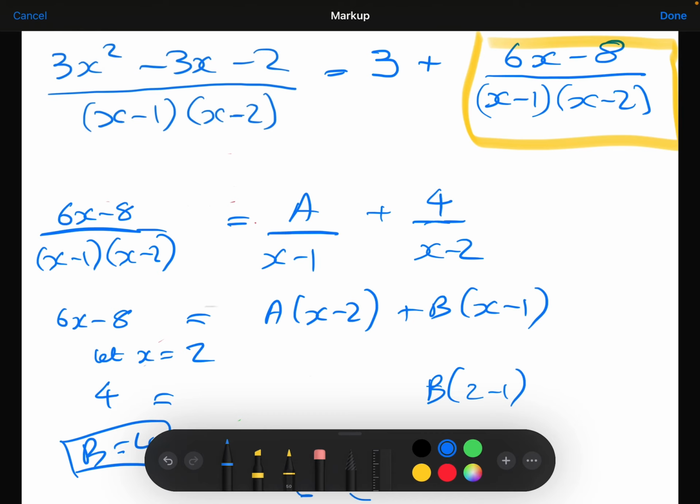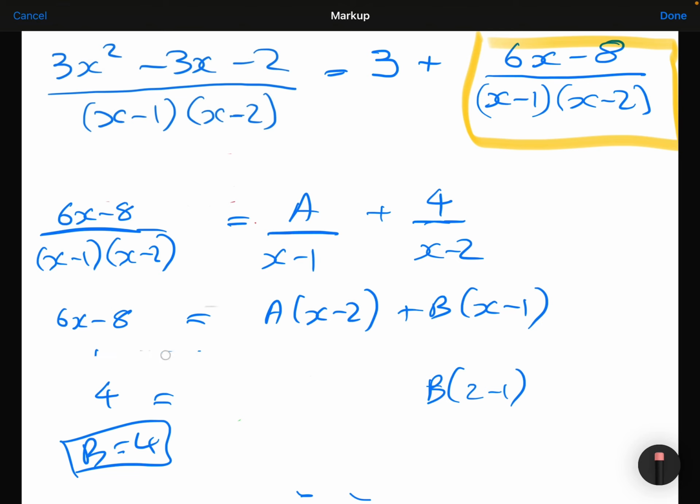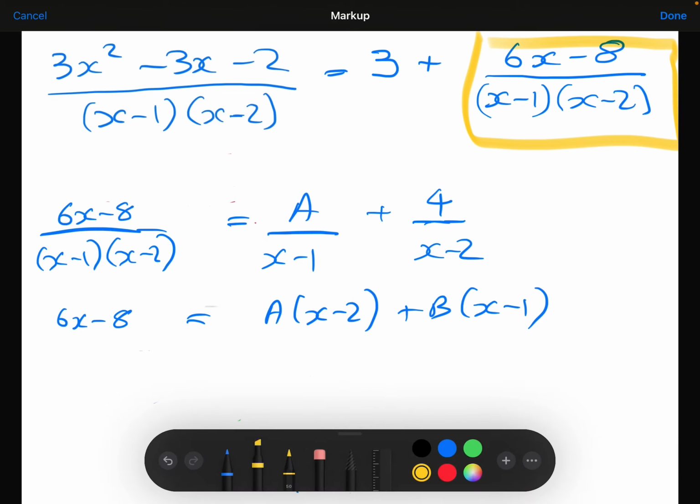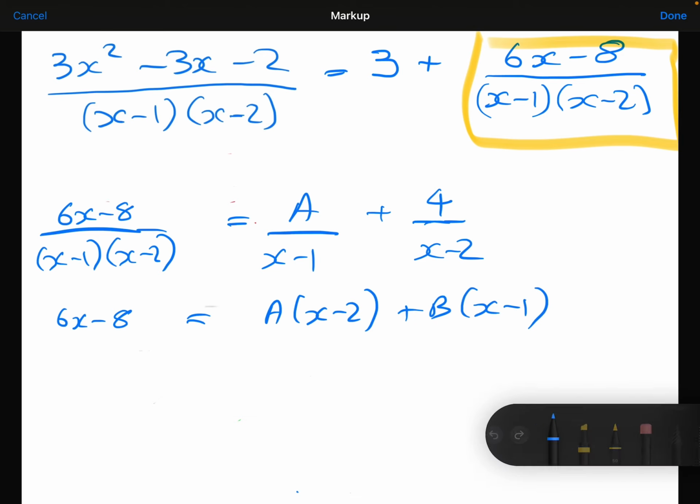Right, now let's work out what a is. So let's now say that x is equal to 1. That way, if I say x is equal to 1, this will be 0, that will get rid of the b part and I can focus solely on the a part, which is what I'm trying to work out here.